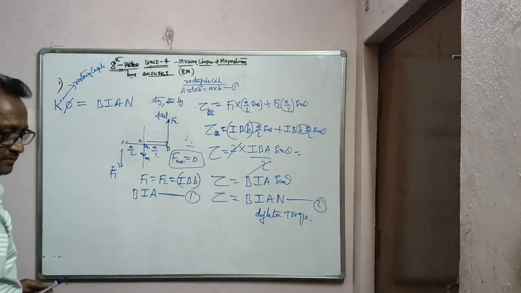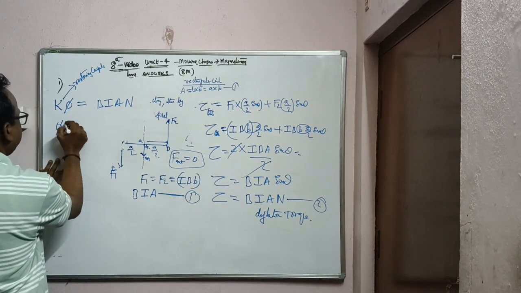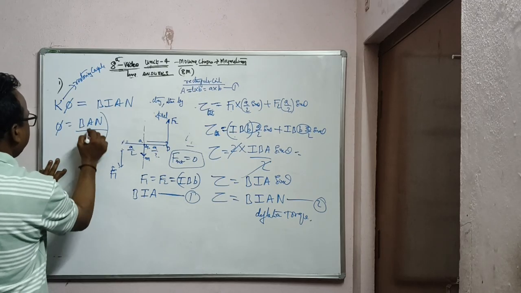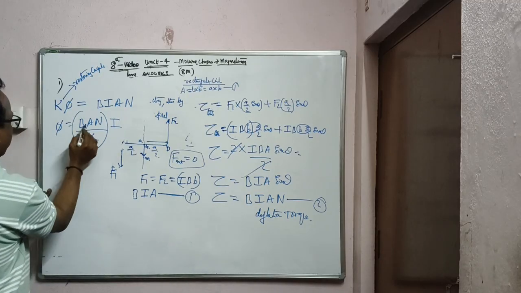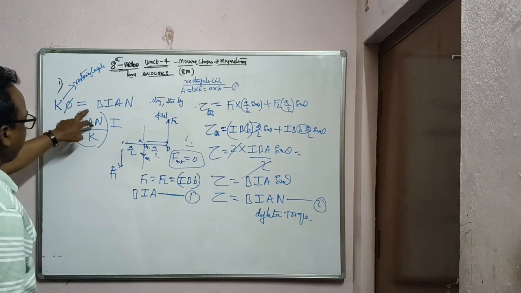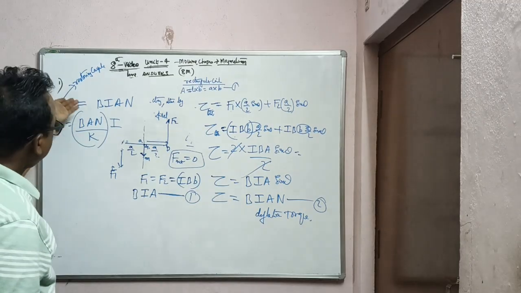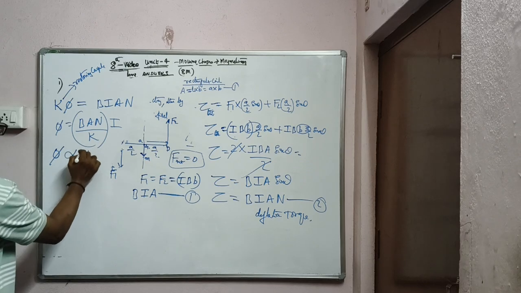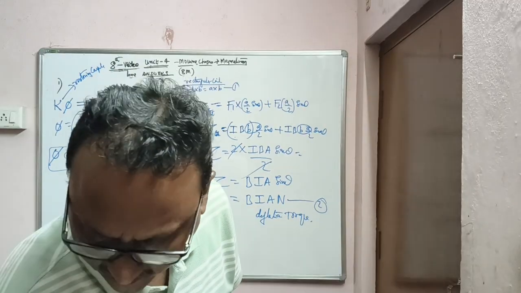So let us equate the two. From this, phi is equal to BAN by K into I. Here you can observe all these are constants. B is constant, A is constant, the number of turns for the given coil is constant, K is the torsional constant. Therefore phi is directly proportional to I, and this is the main principle in a moving coil galvanometer.